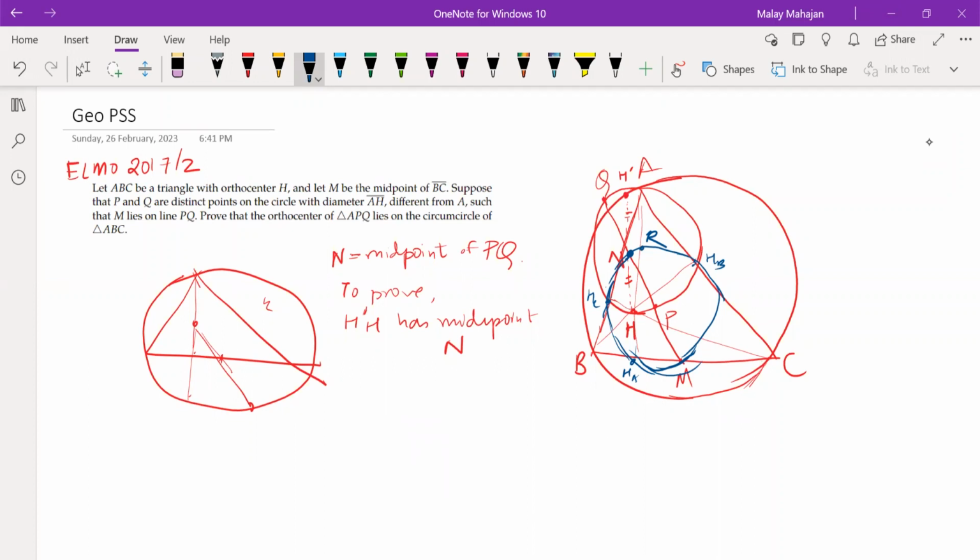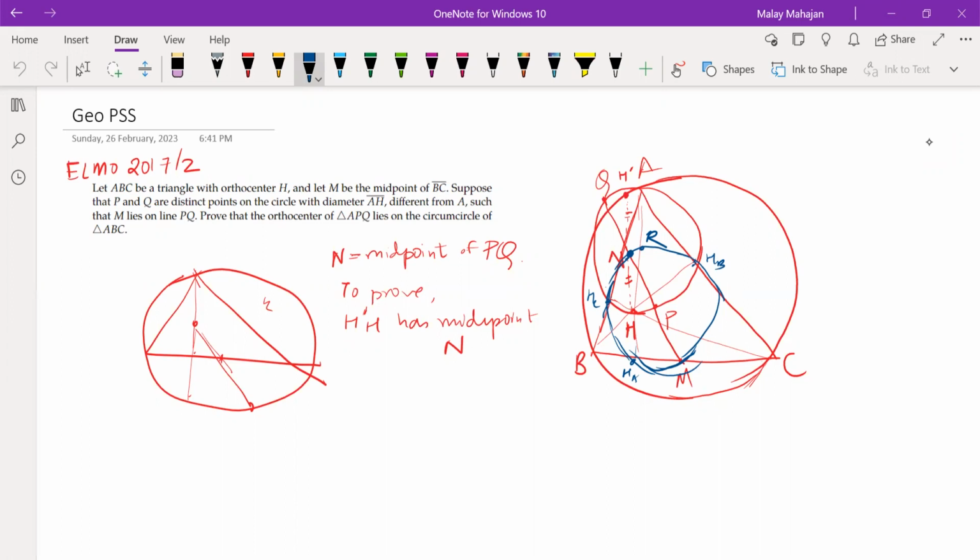Now R is the center of AH. Okay, for N to lie on the nine-point circle, what angle condition should it satisfy? RM looks like a good point.